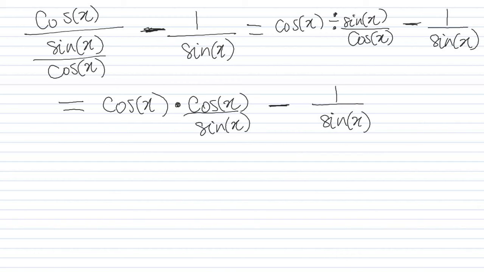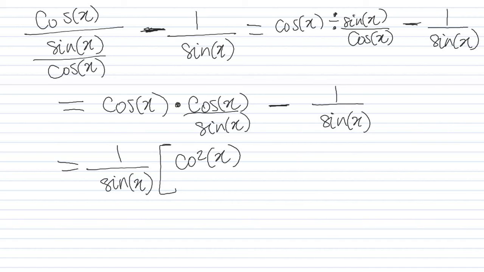And what do we do here? Well, we can do math by just bringing out 1 over sine. So we're going to bring out 1 over sine x here. And then you have cosine x multiplied by cosine x, so you have cosine squared x. And when you bring out 1 over sine here, you get minus 1. So this is basically the answer.